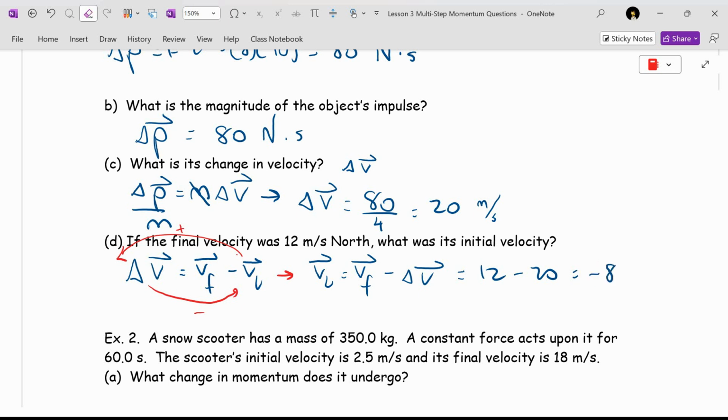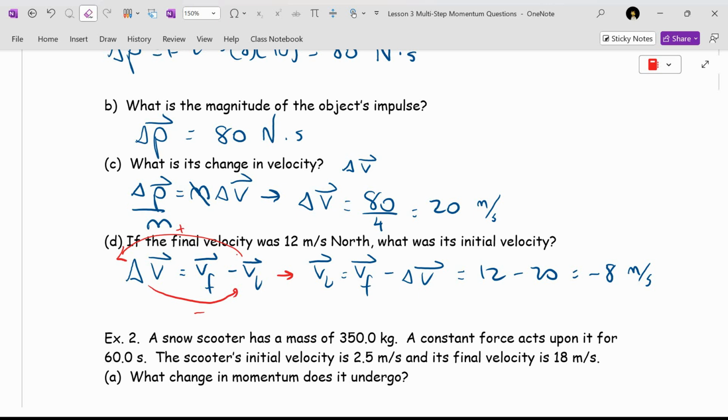Okay, negative 8 meters per second. Now, I should have added in brackets magnitude and direction. What's the negative telling me as a direction? Well, Nate, you said VF was 12. What you really implied was positive 12. You decided which direction is positive.